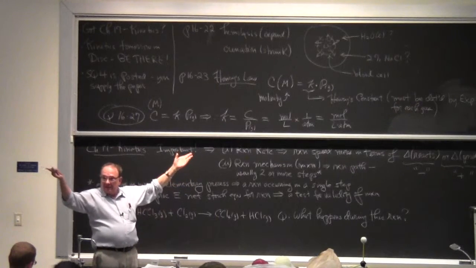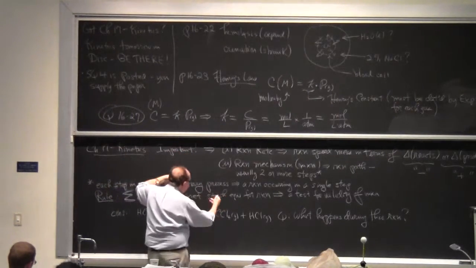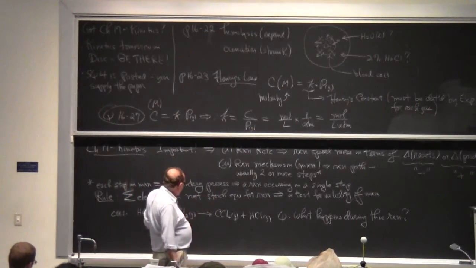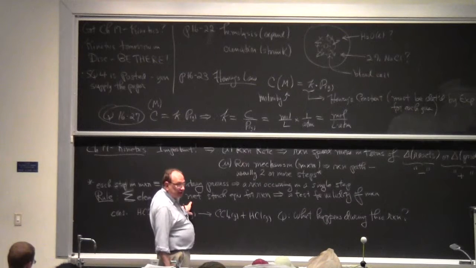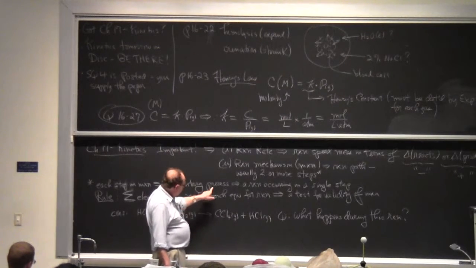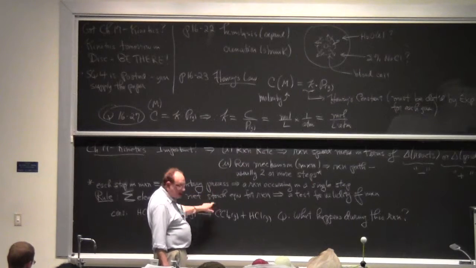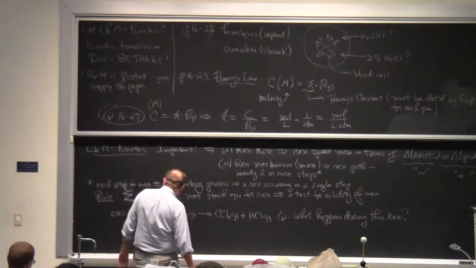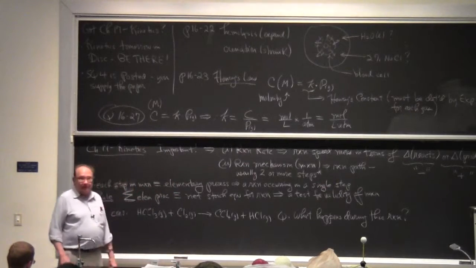Same idea. You add up the elementary processes algebraically, because they must equal the net stoichiometric equation for the reaction that's being studied. If the sum of the elementary processes does not do this, that can't be the mechanism by which the reaction proceeds. All right? Now let's take a look at an example.